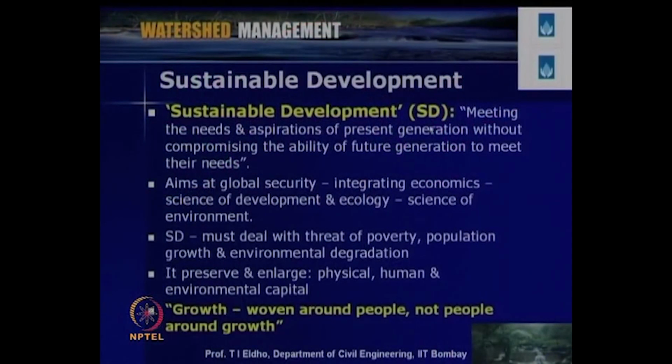Now let us see what is called sustainable development. Sustainable development we can define as meeting the needs and aspirations of the present generation without compromising the ability of future generations to meet their needs. Within the context of watershed management, sustainable development means we are developing the resources like land, water and all other resources within the watershed.